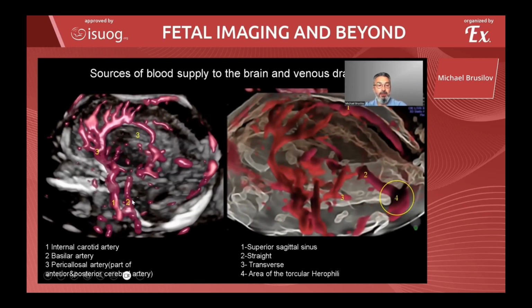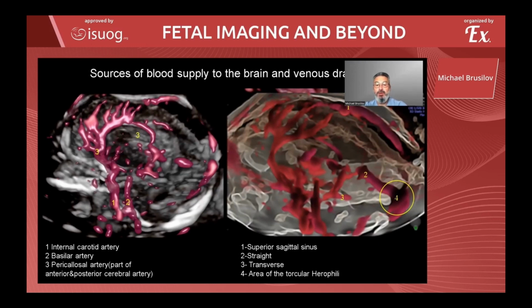The second one, the posterior part of the brain, is supplied by the basilar artery. And here you can see the pericallosal artery, number 3, as part of the anterior and posterior cerebral artery.